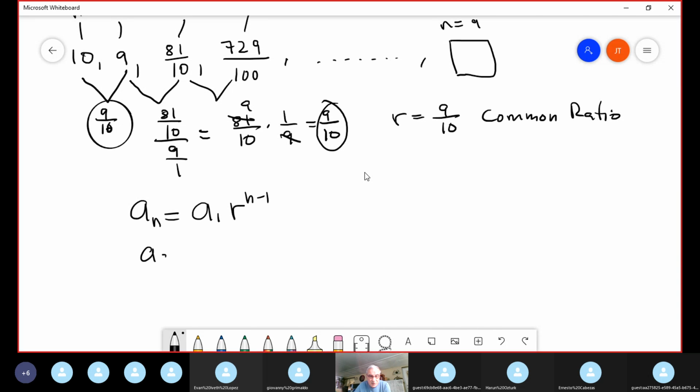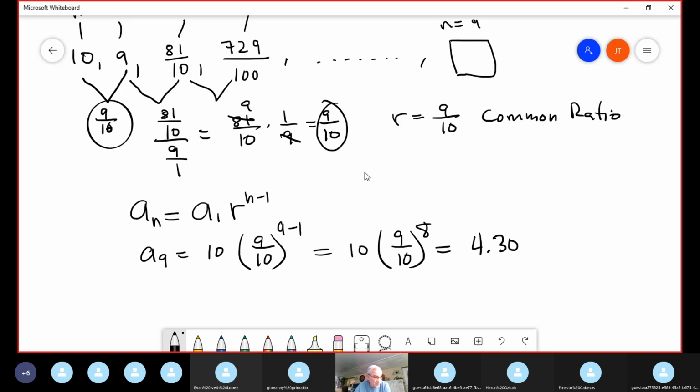In our specific example, n is 9, A sub 1 is 10, the common ratio is 9 over 10, raised to the 9 minus 1, which is 8. You put it in a calculator, and the answer is a little weird in decimal: 4.30467. You can write it as a fraction or as a decimal, either way.